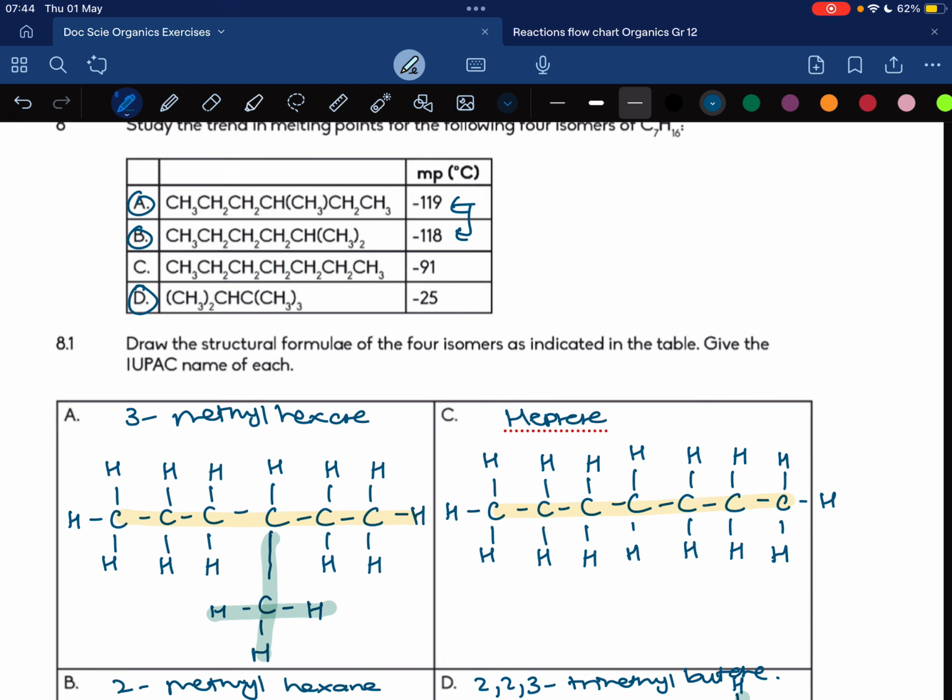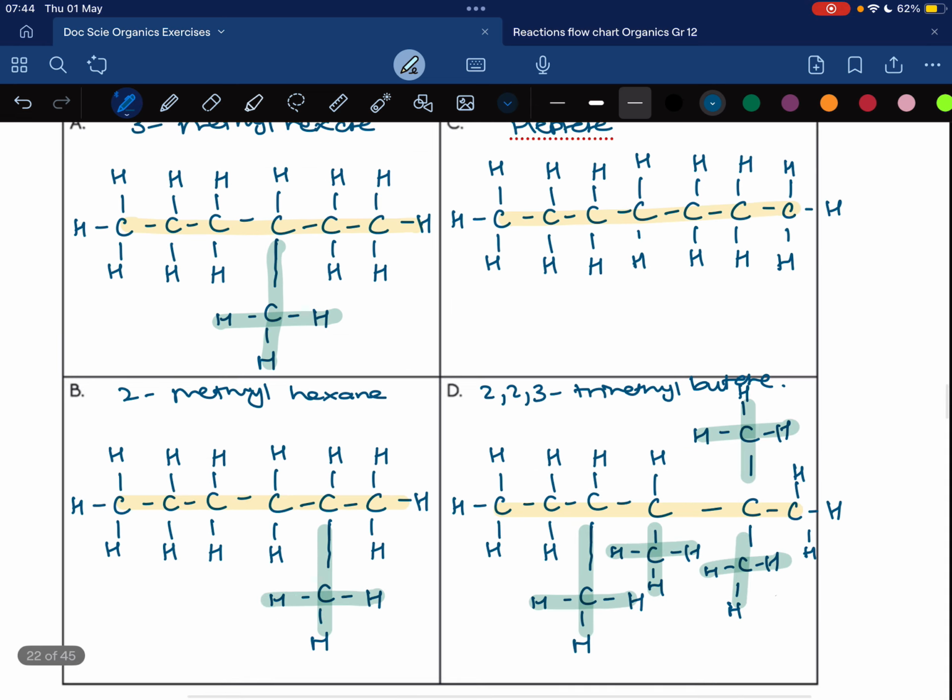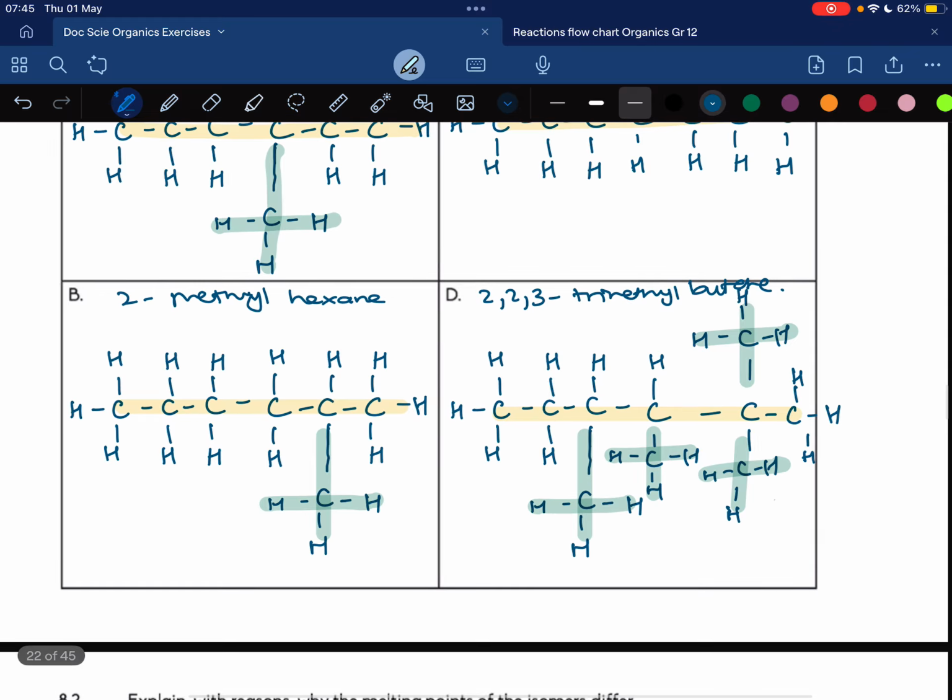It's because each one only has one methyl group attached to its chain. The position of the methyl group causes the London force to not be exactly the same. So it's slightly weaker in A than you can see it is in B. The best sort of answer would probably be that it's somewhere in the middle, which means that it's probably slightly more packed than B, but not that different.